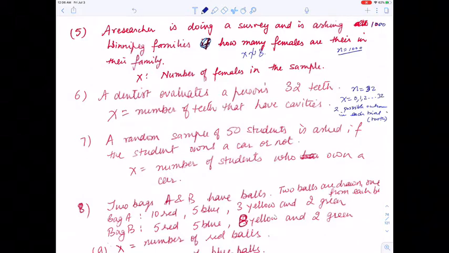So the probability of a cavity occurring in the back teeth is much higher than the probability of a cavity occurring in the front teeth, right? Because of the shape of the teeth. So the probability of success is not the same in each tooth.